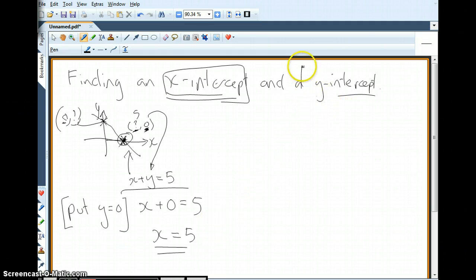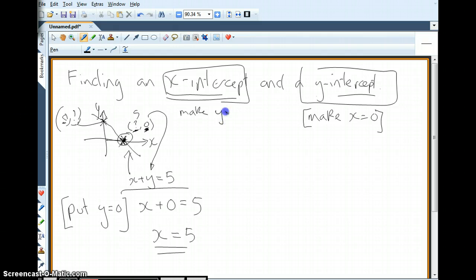Okay, now I'm going to look at finding the y-intercept. Any guesses for what I might do here? To find the y-intercept, I make x 0. Right? As opposed to over here, I made y equals 0.